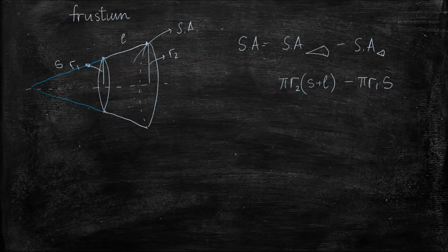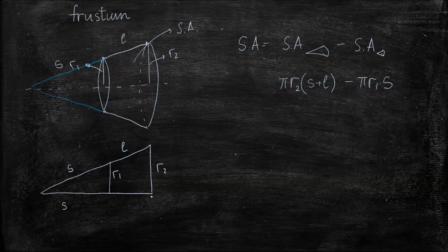So to find S, we're going to consider the following cross-section, or not even the entire cross-section, but a part of the cross-section. And this is R2, this is R1, this is L, this is S, and here's what we can learn by looking at this diagram.